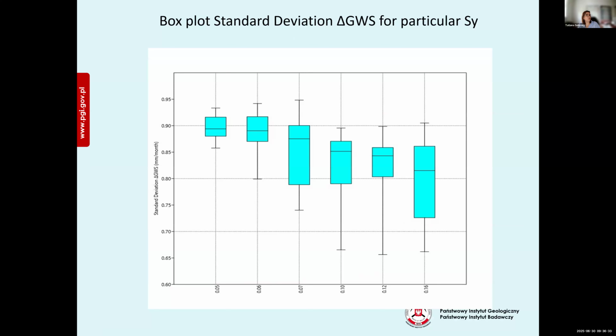The magnitude of seasonal groundwater storage fluctuation depends significantly on the properties of the aquifer rocks.